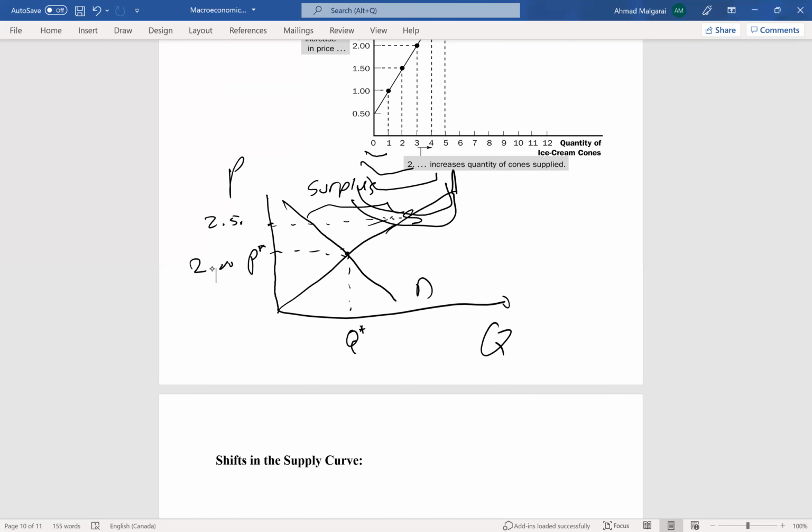But if the actual price is lower than the equilibrium price, let's say here at $1.50, then we have a shortage.